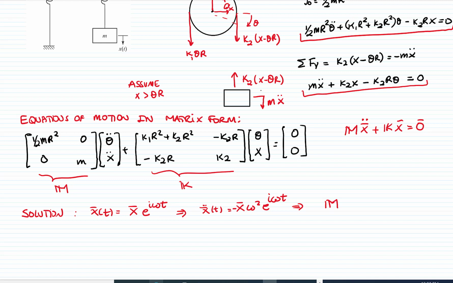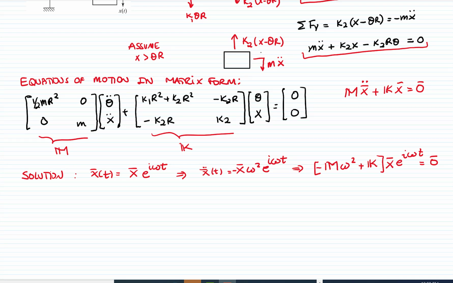We insert this solution into our equation of motion in matrix form, and we get the following. And this matrix is multiplied by the amplitude e to the i omega t, and to find the omega we make what is in the bracket equal to 0.